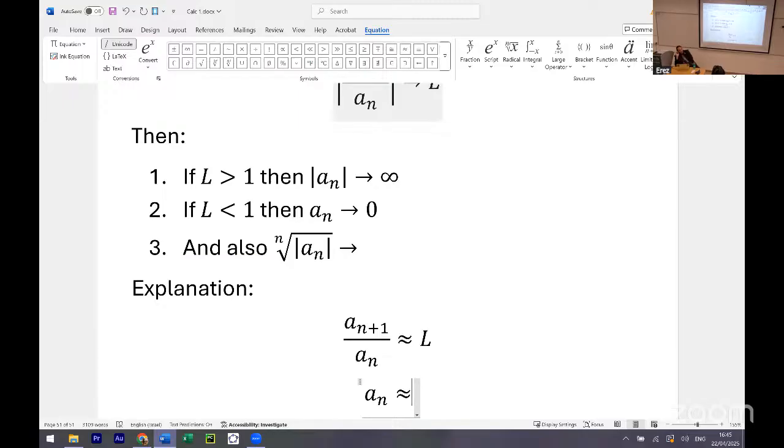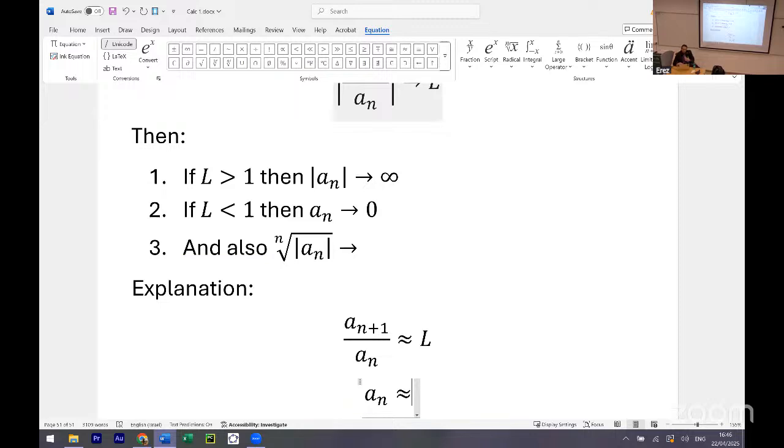In what kind of sequence is the quotient between two adjacent elements fixed? It's a geometric sequence.